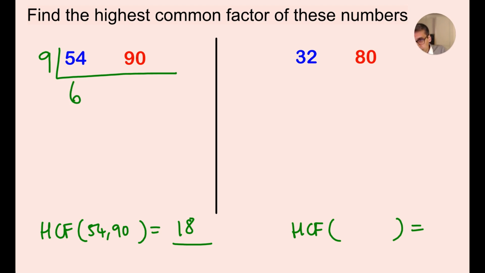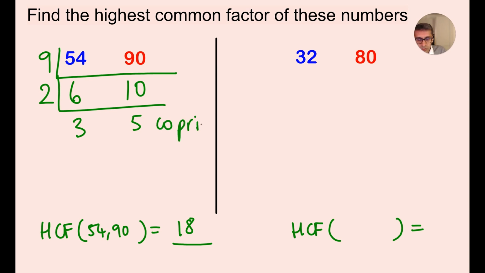That's going to give us 6. 90 divided by 9 is 10. And then I'm going to divide by 2 to get 3 and 5. Now these are coprime. And that means 9 times 2 equals 18. That's the highest common factor. So you get the same answer.